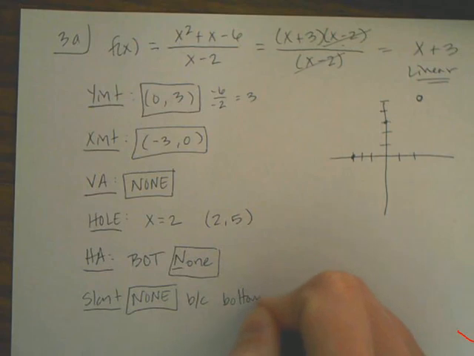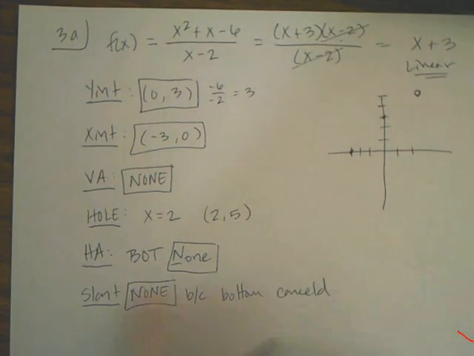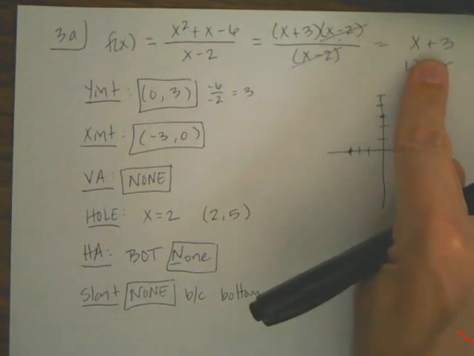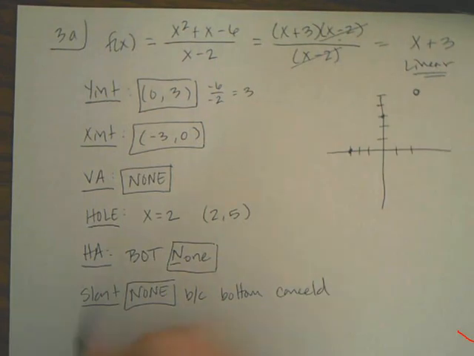And we already know that this is going to act like a linear function. That's why we know there's no slant asymptote, because it's going to be a linear function. It has to have this behavior. So there's no asymptotes whatsoever, but we do have this hole, which restricts our domain.